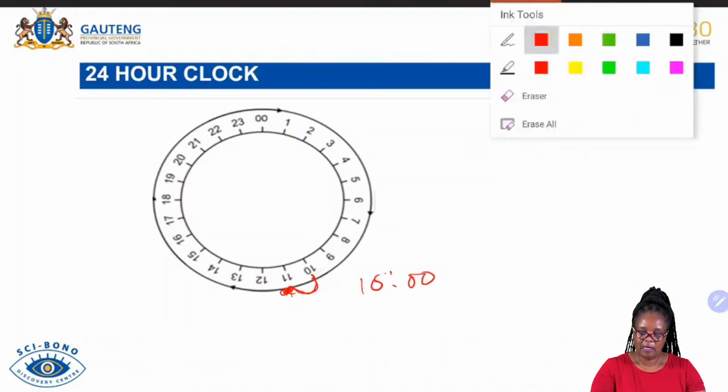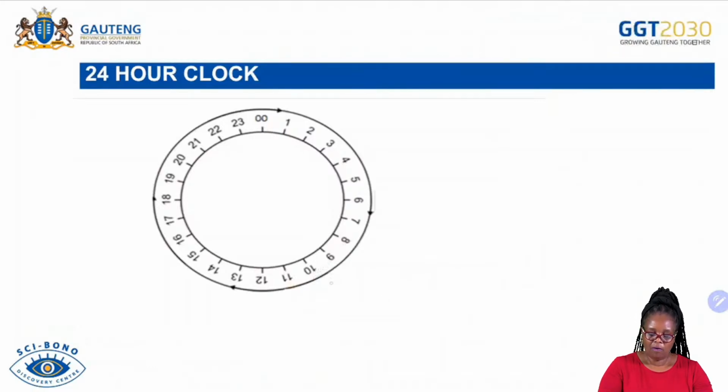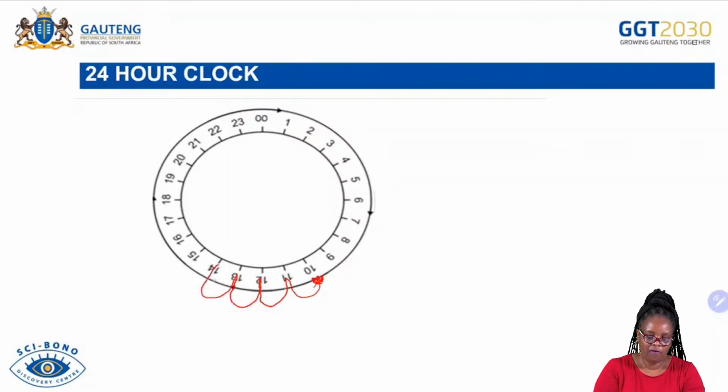Let's start this so that you can see. Okay, here we are. We are at 10. From 10, we move to 19 hours. It will be 0, 1, 2, 3, 4, 5, 6, 7, 8, 9. 9 hours flying time.